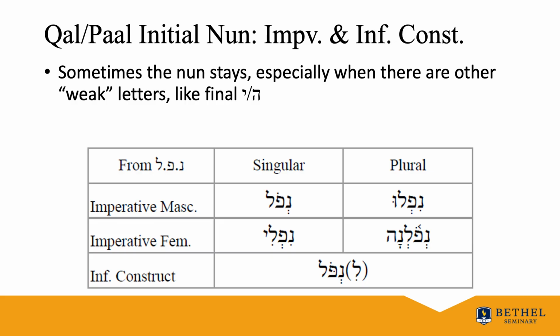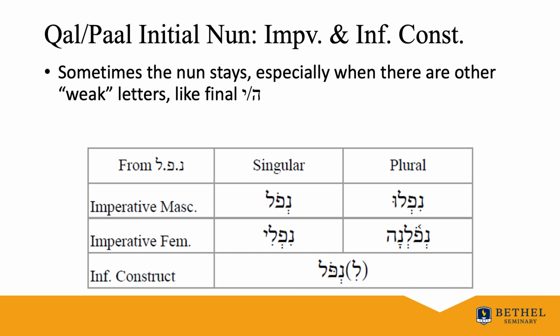So now let's see how the first nun verbs appear in imperative and infinitive construct form. It's a little bit complicated, so let's go step by step. For some verbs, there's actually no change. The nun will simply stay there, and this is especially the case when there is some form of weak letter in the second or third radical letter.